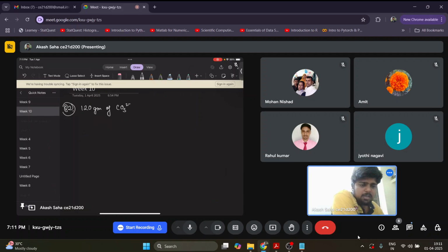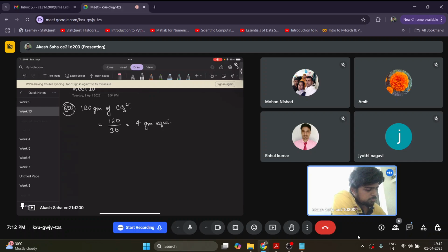Whenever some amount is given in terms of that specific ion, first we will divide it with its equivalent weight. What is the equivalent weight of carbonate? It is 30. So we will do 120 by 30, which is equal to 4. So it will be 4 gram equivalent.